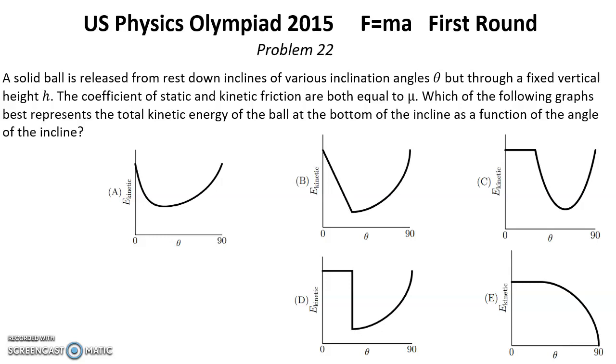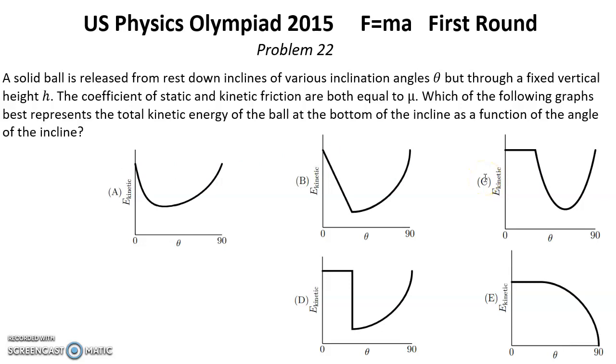Here we can find that initially, when angles are very small, less than critical, it means that tangent theta is less than the coefficient of friction, our ball is moving without sliding and we are not losing kinetic energy. It means that only C, D and E could be solutions for this case, not A and B, because they start to lose kinetic energy from the beginning angles.